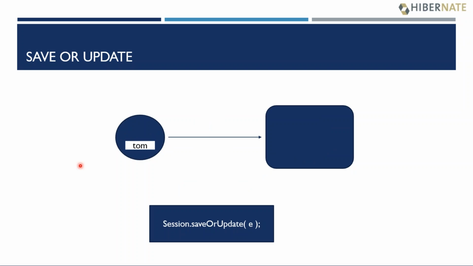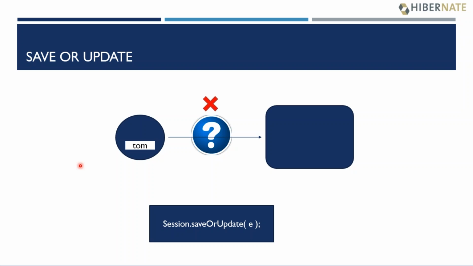Let's say you have an entity called Tom. What Hibernate will do is check whether this is associated with a primary key or not. Now this Tom is not associated with a primary key.